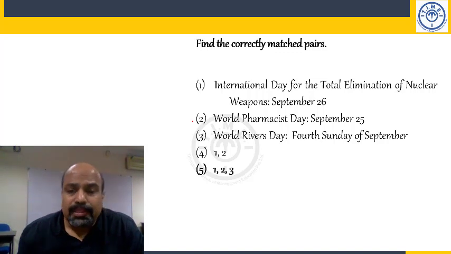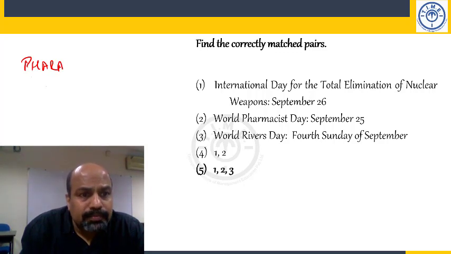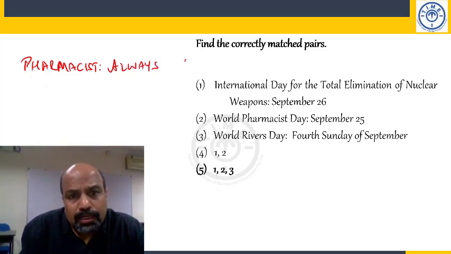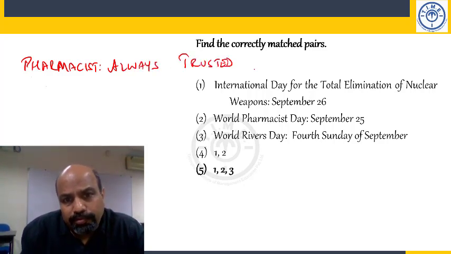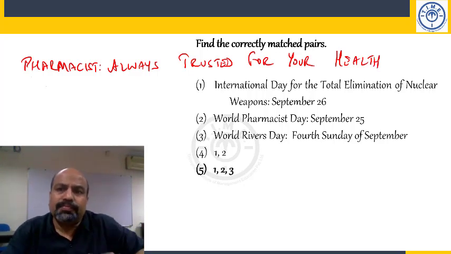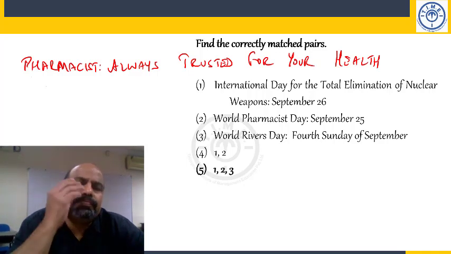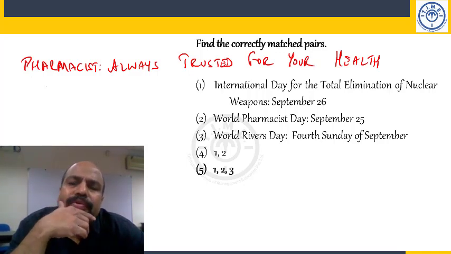World Pharmacist Day 2021 theme: Always trusted for your health. That is September 25th.